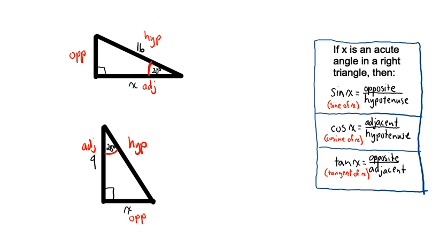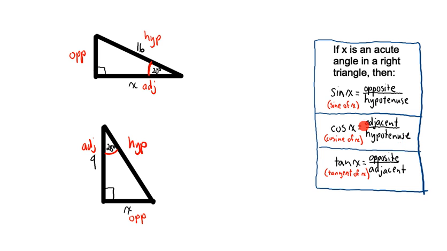So anyways, to find x on the top triangle, I want to involve the hypotenuse and the adjacent. I need to involve the adjacent because I need to find x, and involving the opposite does me no good because I don't know how long it is. But I do know the length of the hypotenuse, so I want to involve the hypotenuse. Which trig function uses adjacent and hypotenuse?